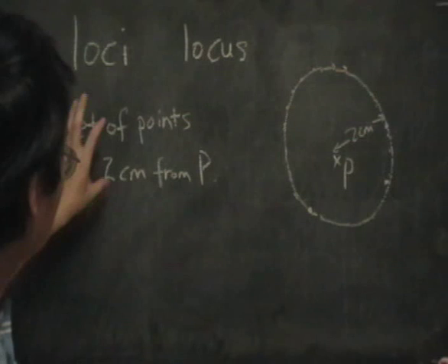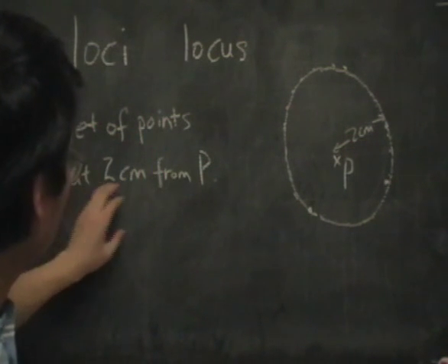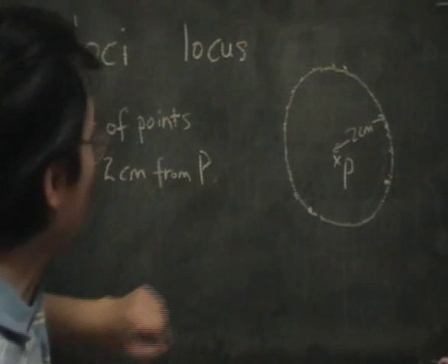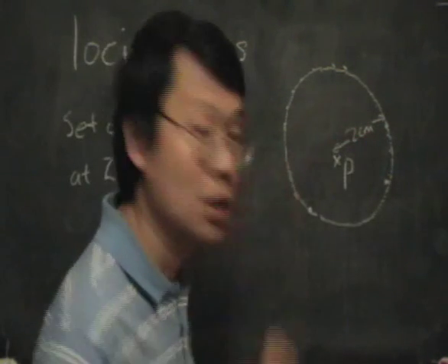Alright, the rule is that we want a set of points at 2 cm from P, and the answer for this set of points is the circle.